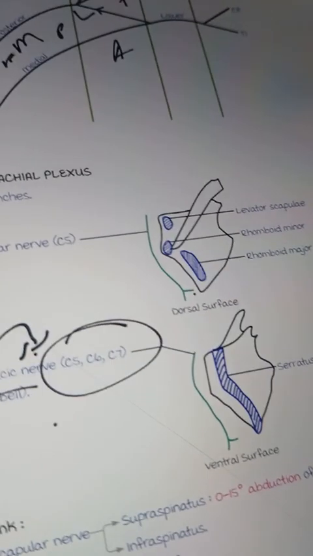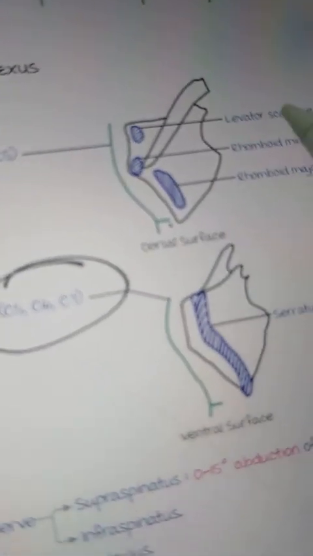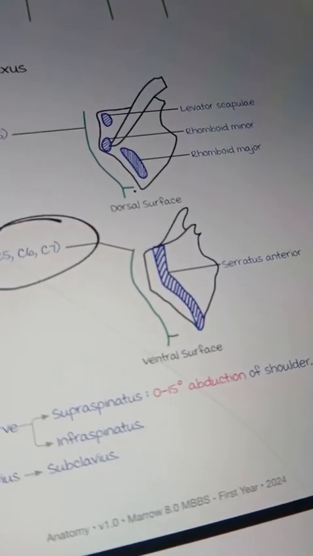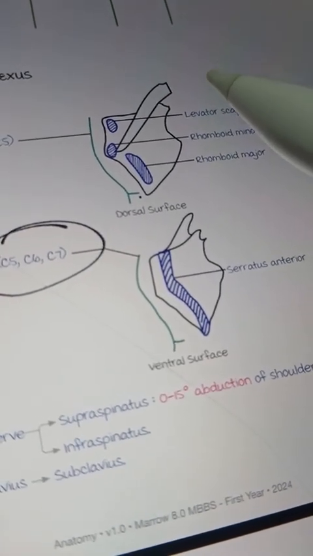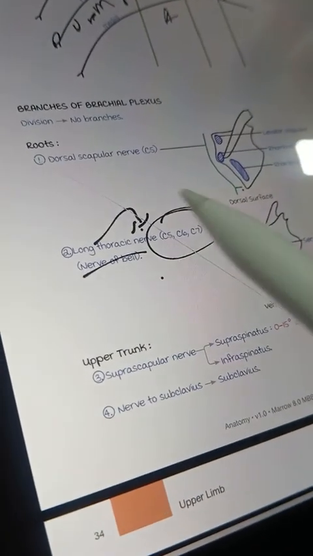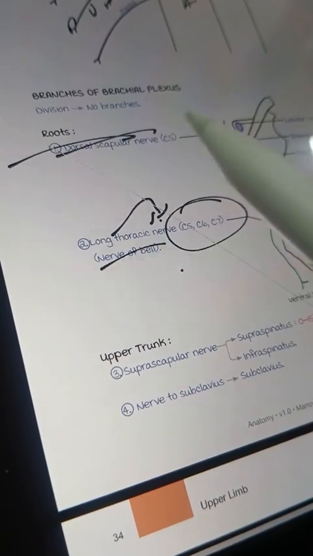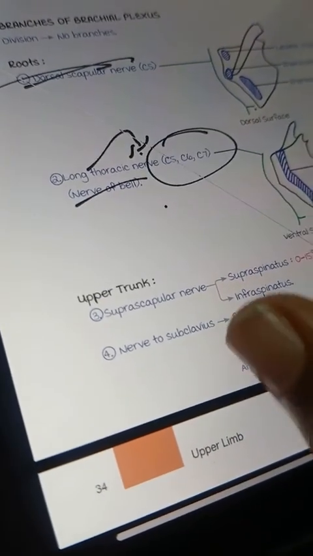On the dorsal surface of the scapula, the dorsal scapular nerve supplies the levator scapulae, rhomboid major and rhomboid minor. These three muscles get nerve supply from the dorsal scapular nerve, which is C5, and serratus anterior gets supply from the long thoracic nerve.